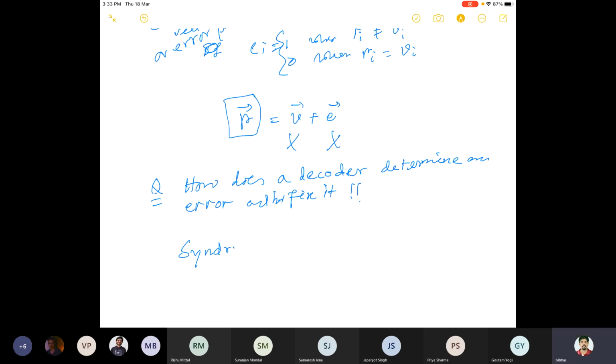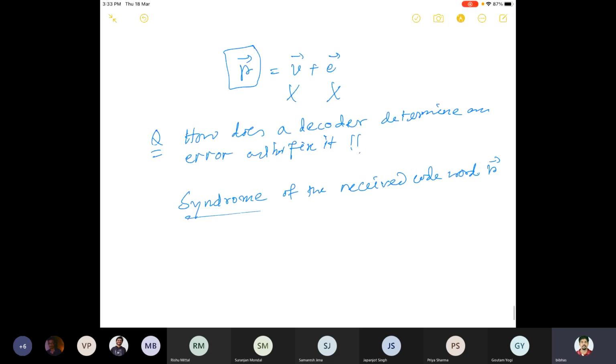The syndrome of the received code word R, we'll denote it by S. So S is equal to, the syndrome is defined as R dot H transpose. Let me write it as S0, S1 up to Sn minus k minus 1.